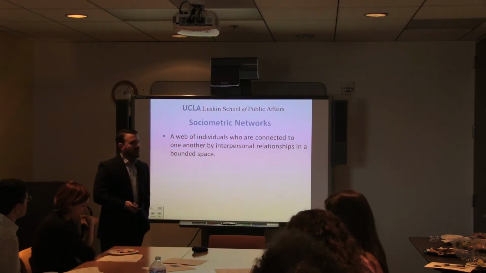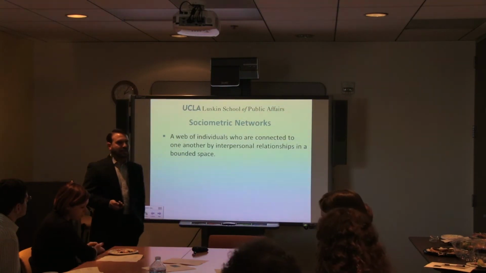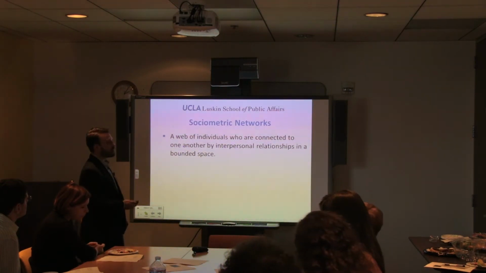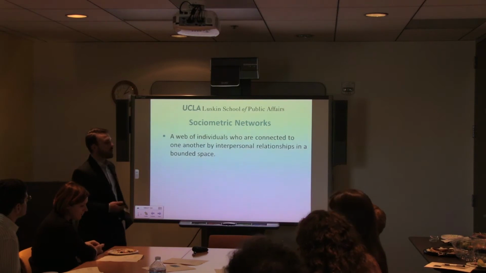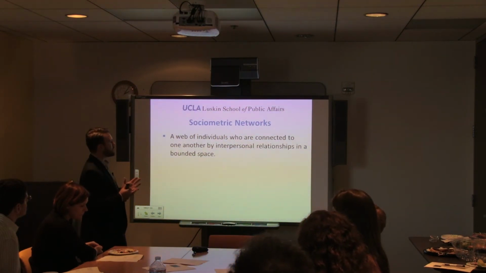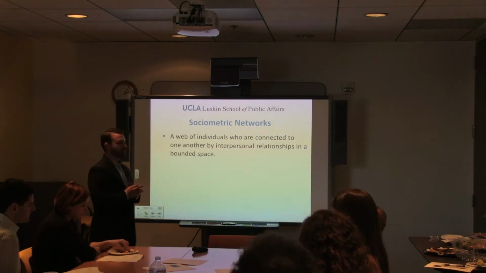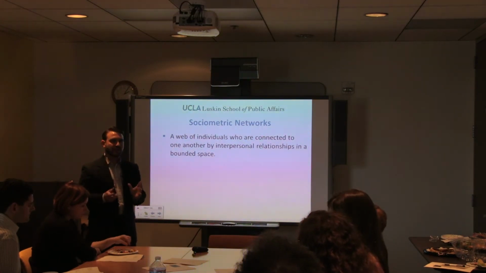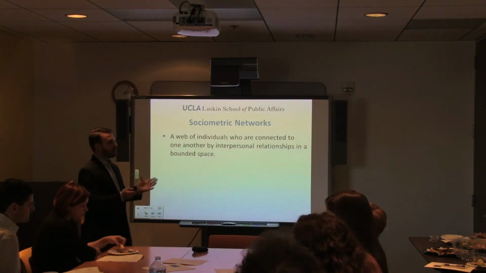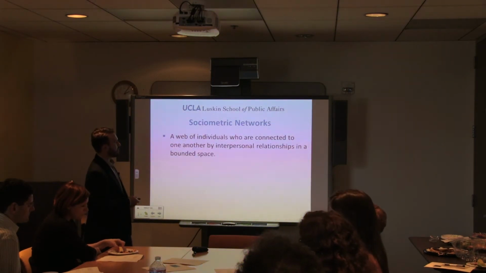The other type of network that we see frequently in the public health literature is what we call a sociometric network. This is a web of individuals who are connected to one another through interpersonal relationships in some sort of bounded space. So there's a boundary around who can be a part of a sociometric network.